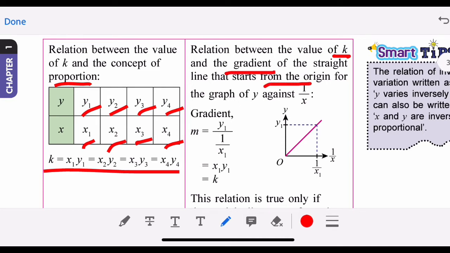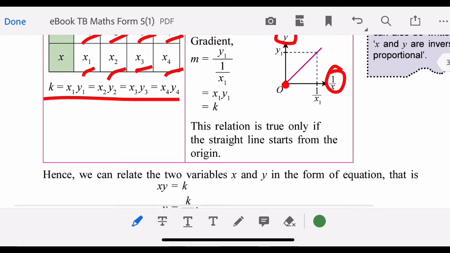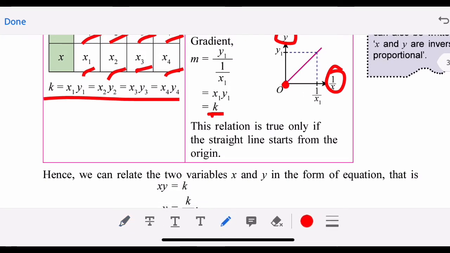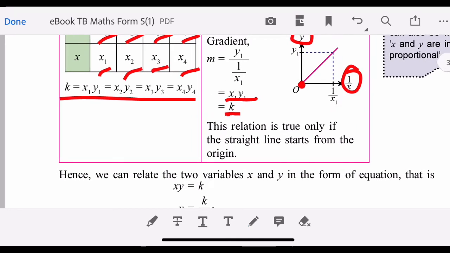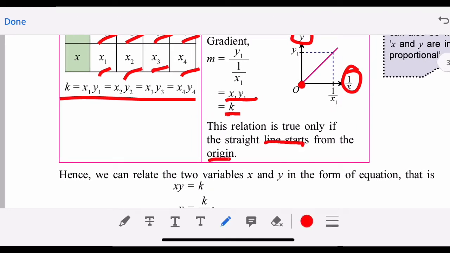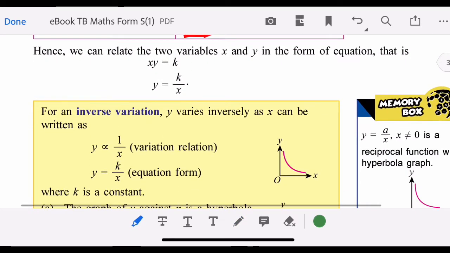If you plot y against 1 over x, you will notice that the gradient is actually a constant, which is equal to x1 y1. The relation is true only if the straight line starts from the origin. So we can conclude that this is the most important conclusion.